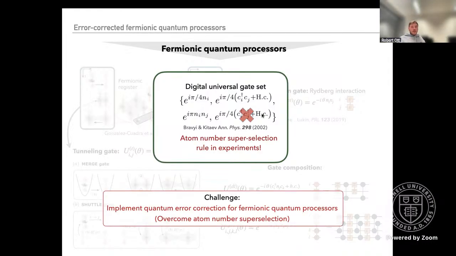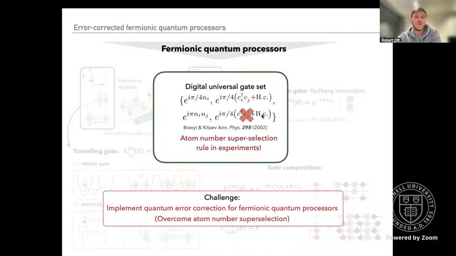Now, however, if we take into account that, of course, these processes are noisy in reality, then we might want to implement quantum error correction for this. And as it turns out, if you want to implement quantum error correction, this number conserving processor is fundamentally an issue.